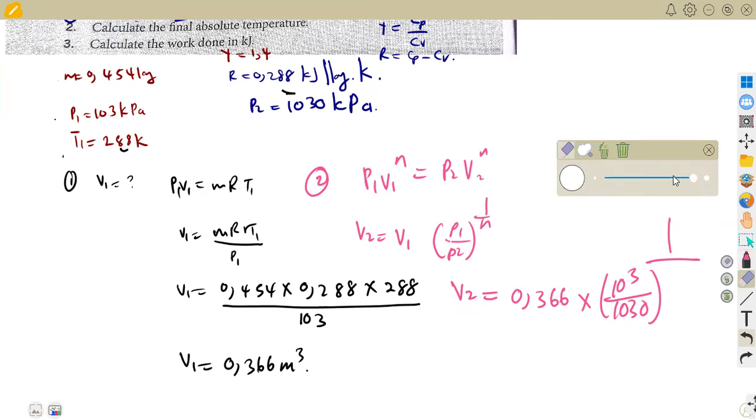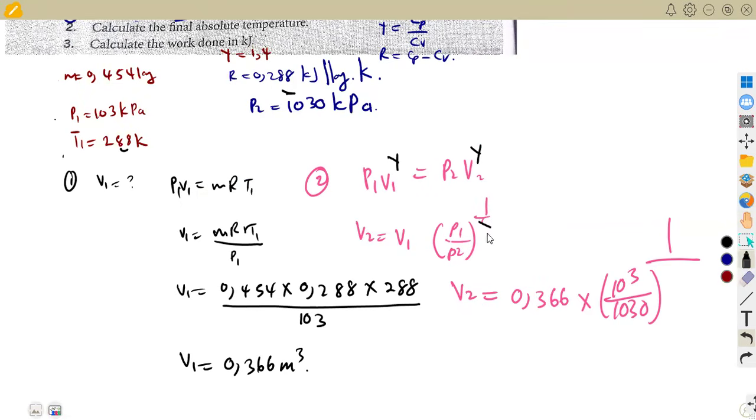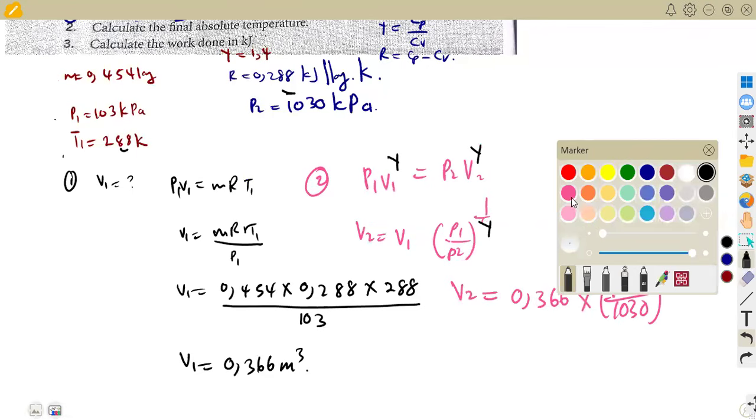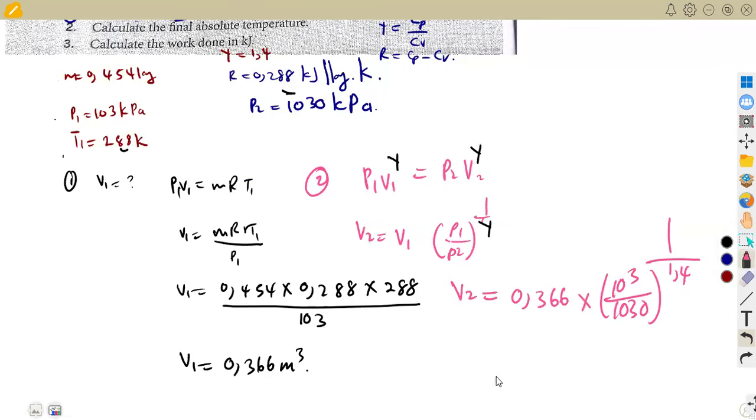Okay, the process here has changed, guys. This is an adiabatic process, so we're supposed to use the exponent gamma, which is 1.4. So we obtain our V2, which is 0.0707 cubic meters.